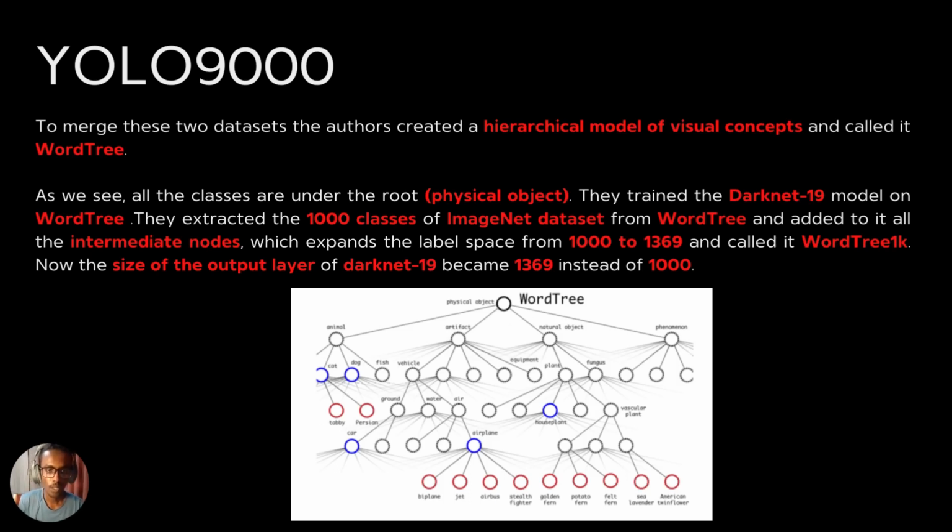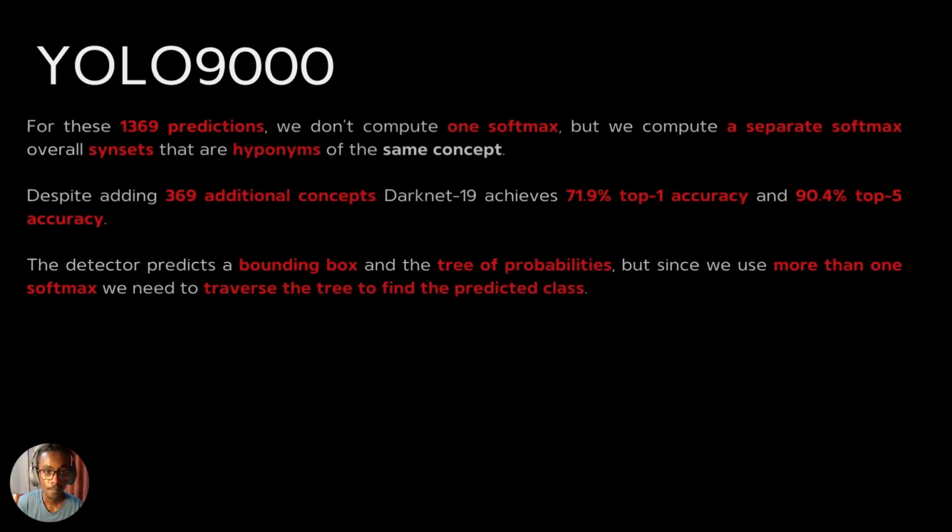Because the terms used in the ImageNet dataset were more specific, they added a bunch of nodes with more abstract terms, and that increases the number of labels to 1,369. Now the size of the output layer of Darknet-19 becomes 1,369 instead of 1,000 for the classification output.